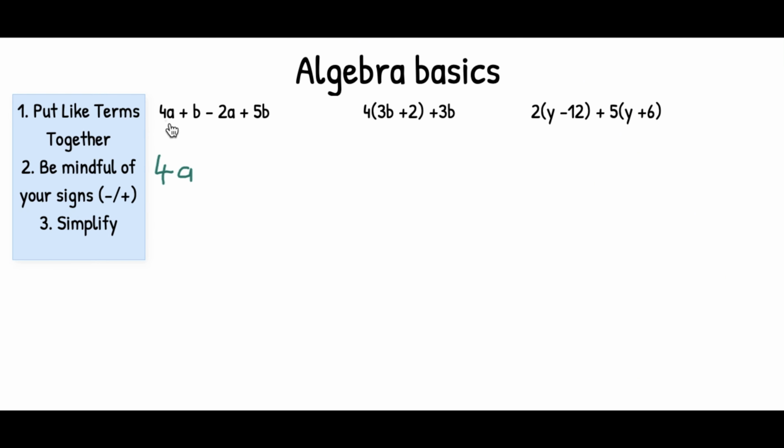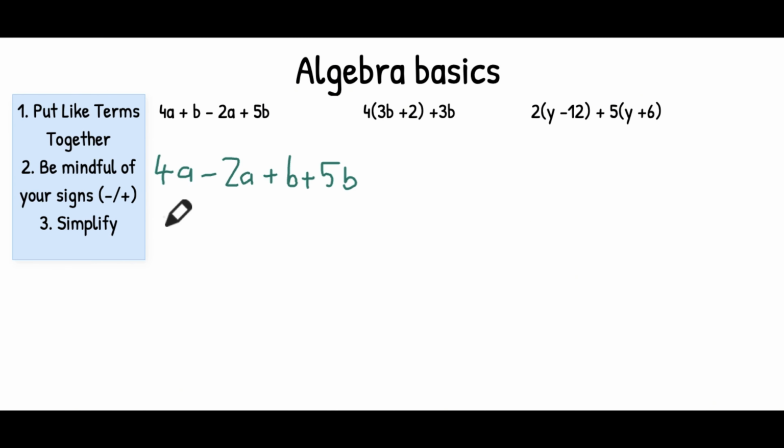The a is here, we have 4a and we have negative 2a. Remember, be mindful of my signs, so I write there minus 2a. Then the next step is to put the b's. We have plus b, then plus 5b. All right, cool. So the third step is to simplify.